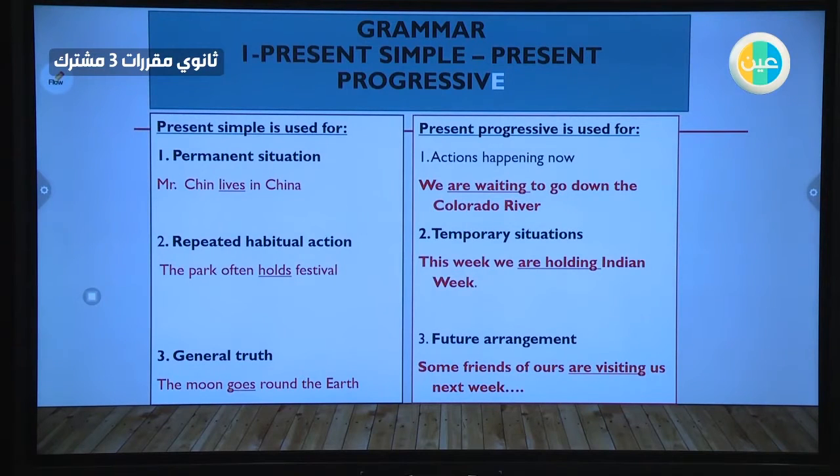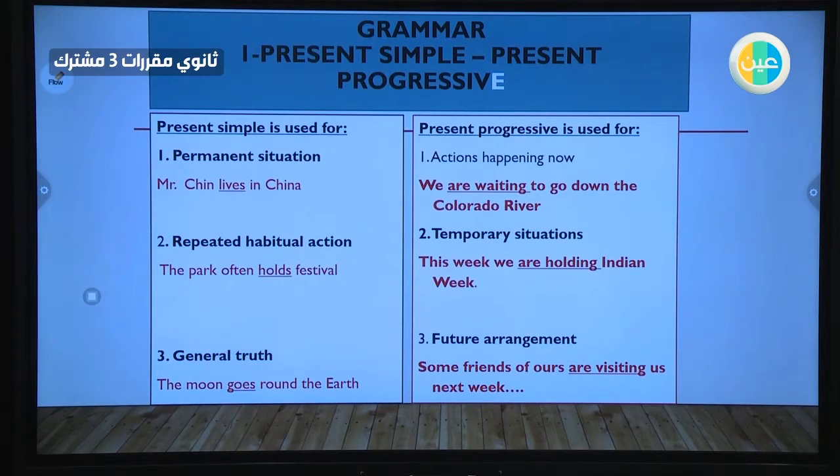Let's start with a quick revision of present simple. What is present simple used for? Permanent situations, for a long time, like when I say Mrs. Emma lives in China.